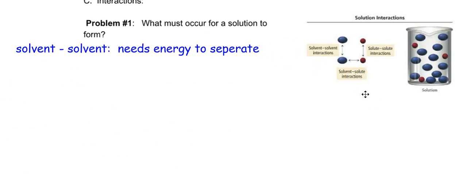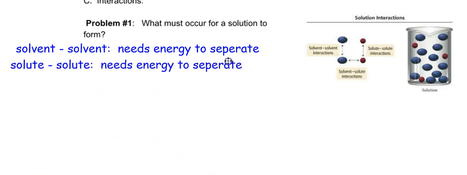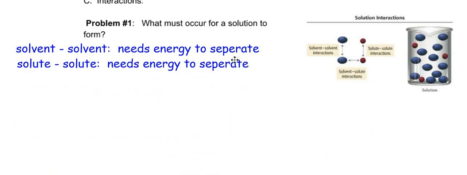I need to spread those water molecules apart to a degree so that the ions or the other polar molecule, the solute, can fit in that space, okay? So I need to create space between the solvent molecules, okay? What else do I need to do? I need to separate out the ionic or the other polar solute, okay?